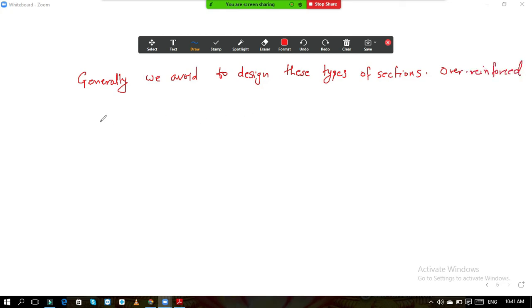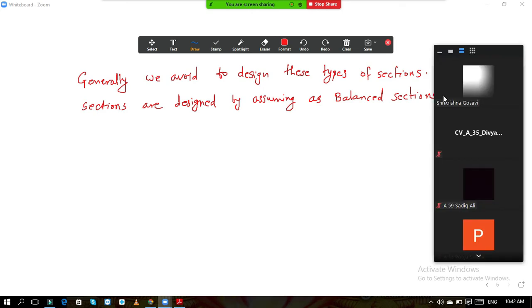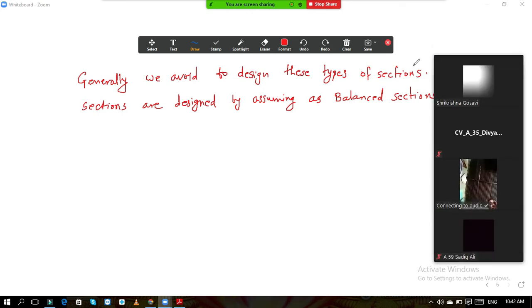Over reinforced sections are designed by assuming them as balanced sections. So how we are doing that? That we will see in the numerical.